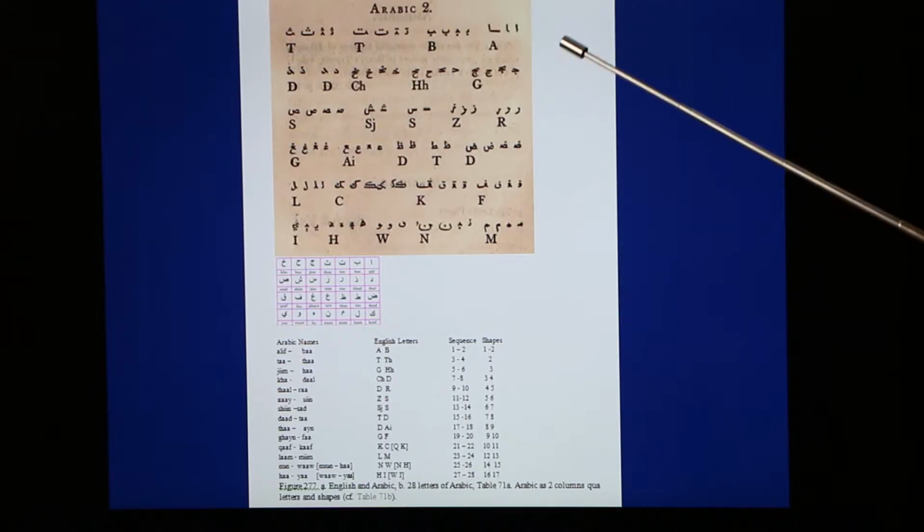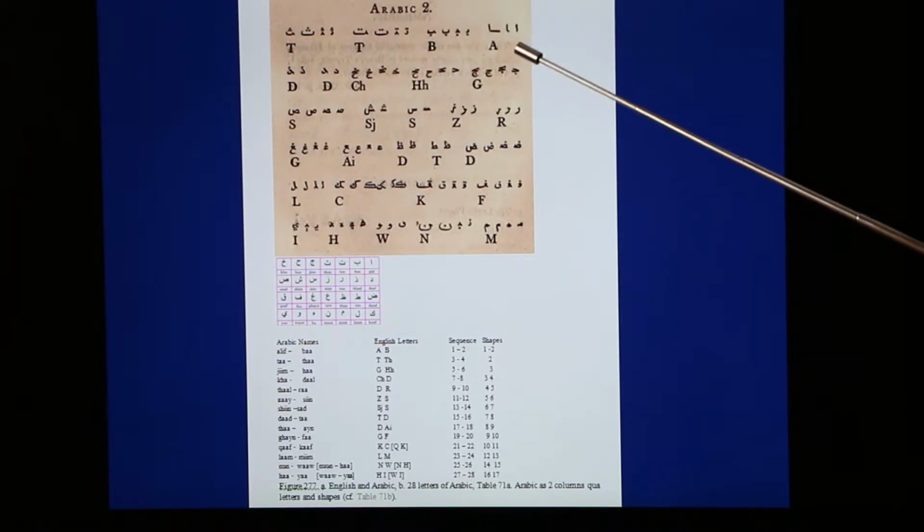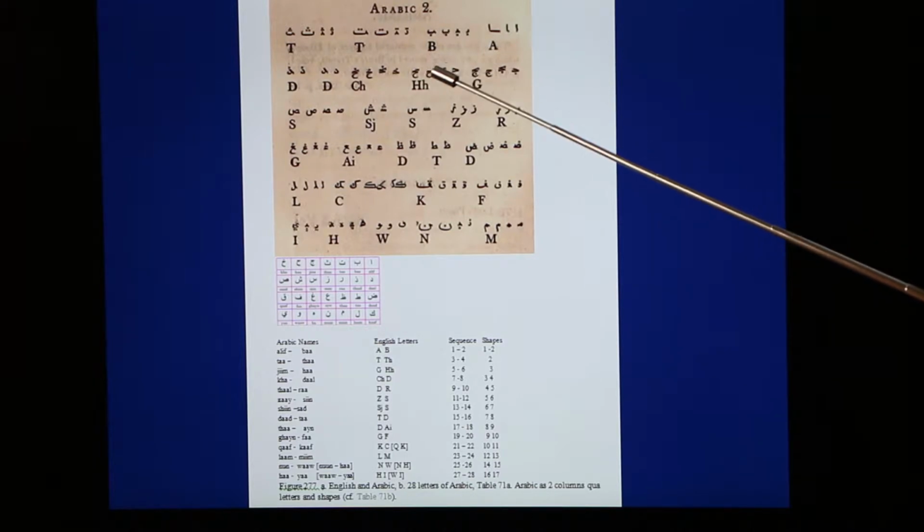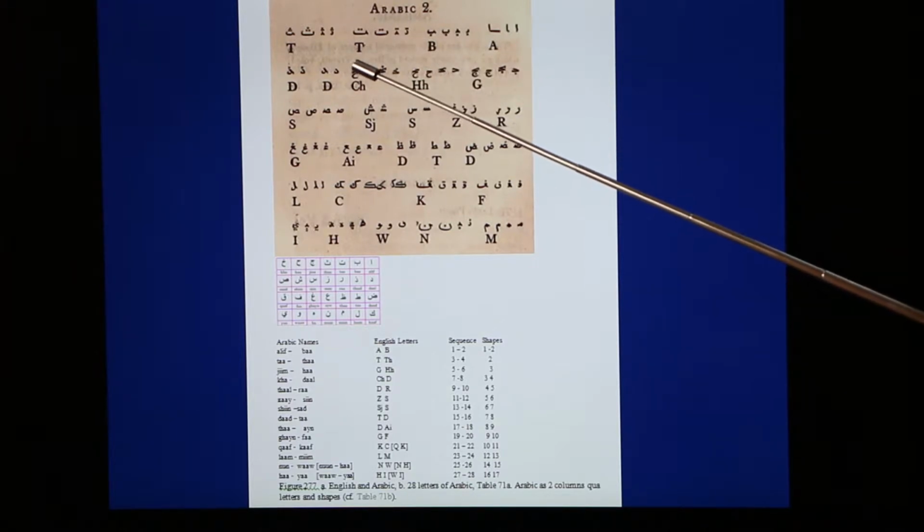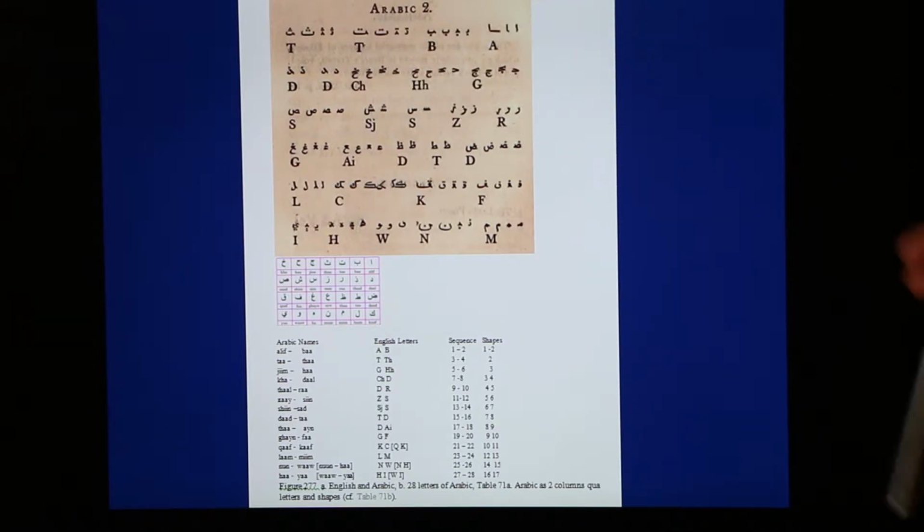Well, I'm going to suggest to you that it's more complicated than that, that the same letters get juggled into different positions. So the Arabic has two classic positions. One is that you take the shapes. So the first shape is A, the second shape is B, the second shape is T, and you notice that the A is this way, that way, or this way. Then the B is basically that letter lying flat.